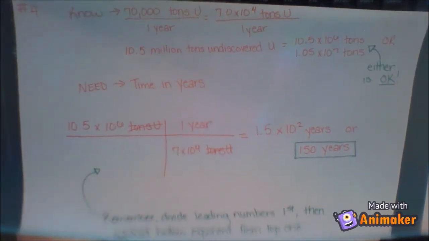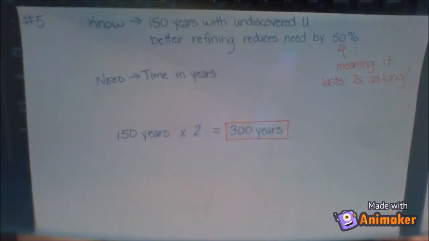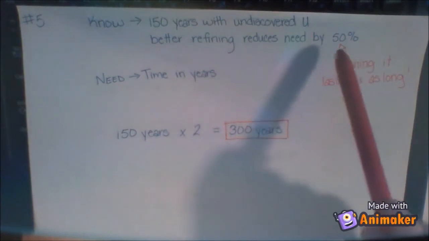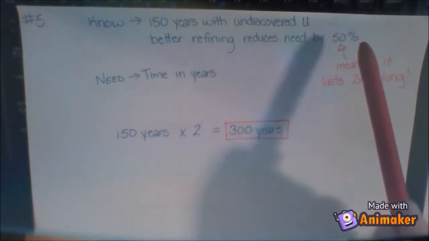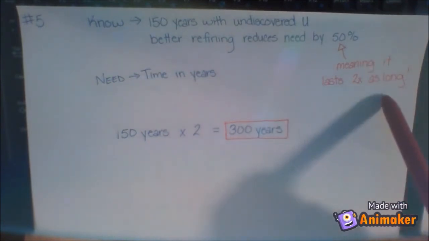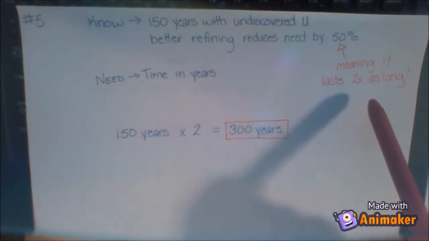Let's move on to question number 5. Question number 5 asks us how long our resources would last given that we are using better refining. Notice that better refining reduces the need for resources by 50%. What that tells us is that the resource can last twice as long.